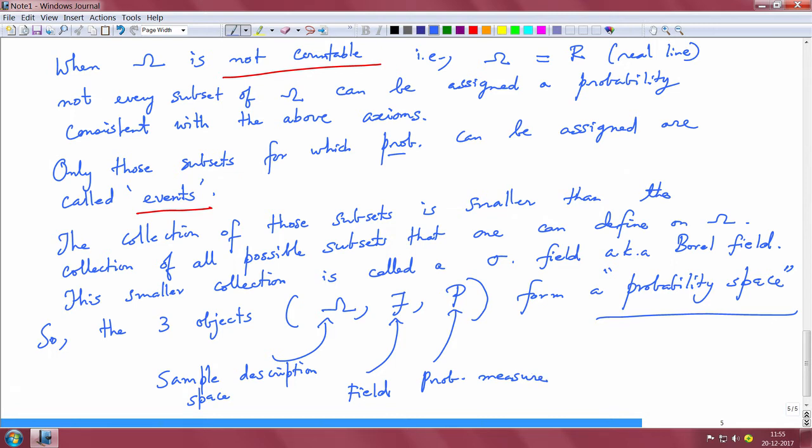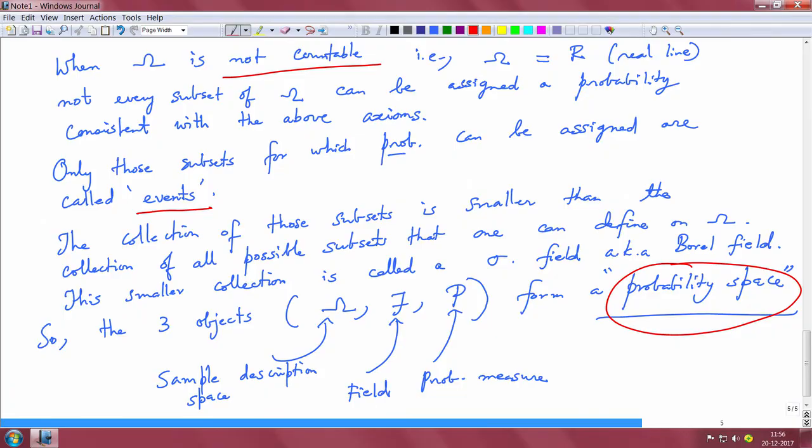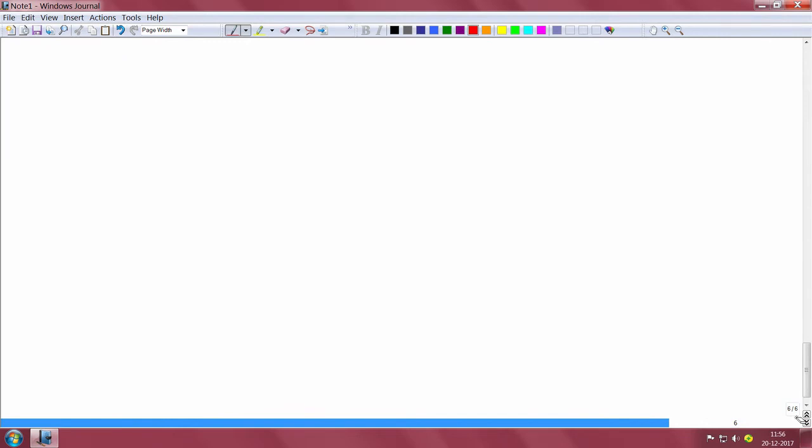So, when somebody talks about probability space, I think you have to understand that we are referring to these three objects which are part of this space, that is the sample description space, the field and the probability measure. This is an important concept in the context of the modern set theoretic framework for probability, and often you will require this notion in your research or in your higher understanding, right. Let us just revisit in this context the simple coin toss experiment and see how we can relate these objects.